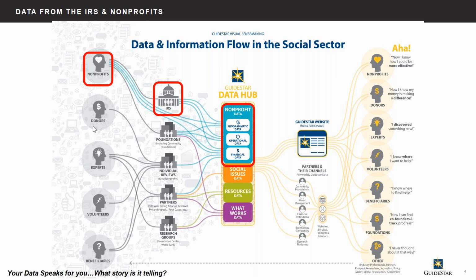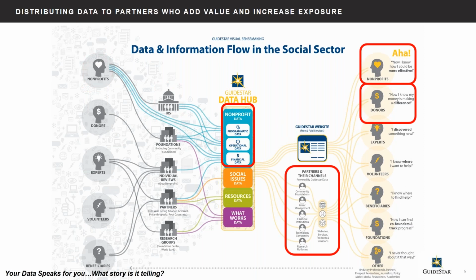So increasingly, the data in GuideStar is not only based on the IRS 990 data, but it's supplemented and strengthened by the nonprofits themselves, as you see here on the left. Where does that data go? Ultimately, the data exists in our GuideStar database, but then it's available and used by a variety of audiences.